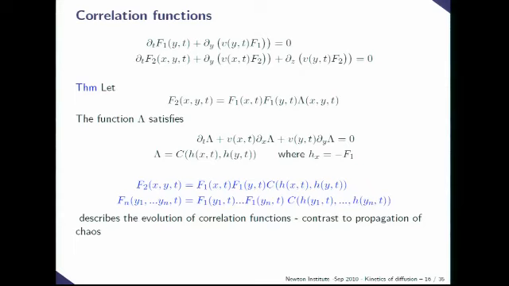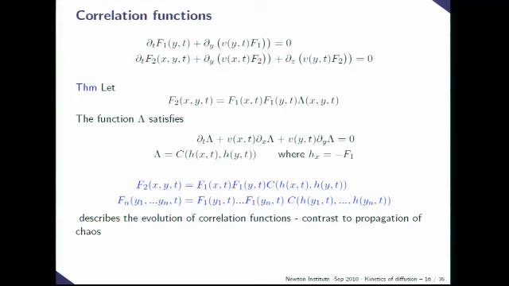You get this equation for F1, and then F2 would be satisfying this equation here. And then somehow we're interested to understand how propagation of curves will work in this case. And there is the following thing that you can observe.